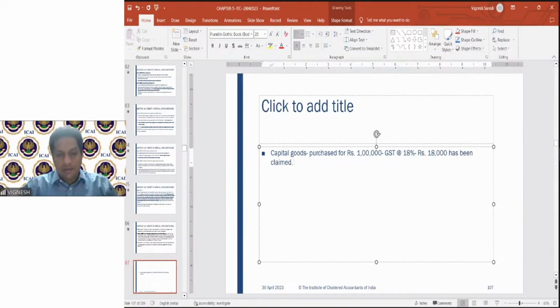This capital goods was purchased on, let us take a date, say 1st October 2022. This capital goods has been sold on 30th April 2020. Now you have claimed input tax credit of 18,000.